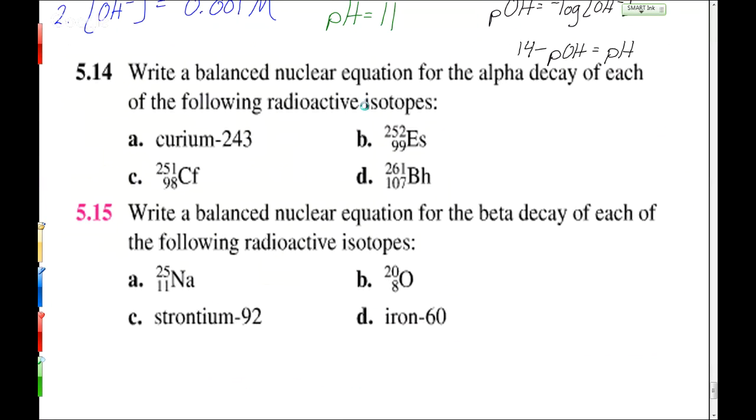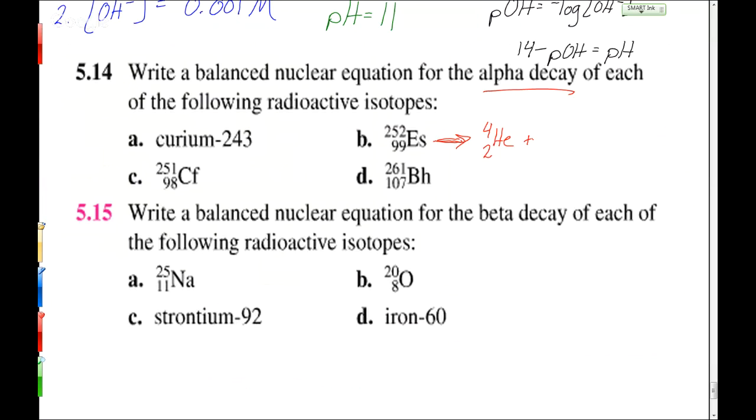Write a balanced nuclear equation for the alpha decay of each of the following radioactive isotopes. Let's take this one, einsteinium. If it's alpha decay, you know the particle coming off of it is an alpha particle, and what's left over is the rest.